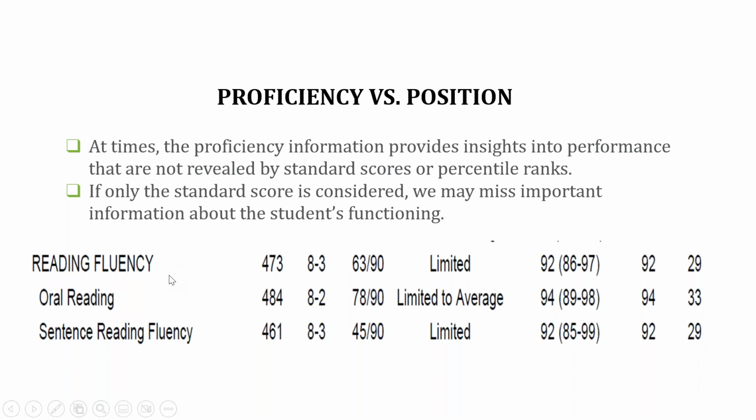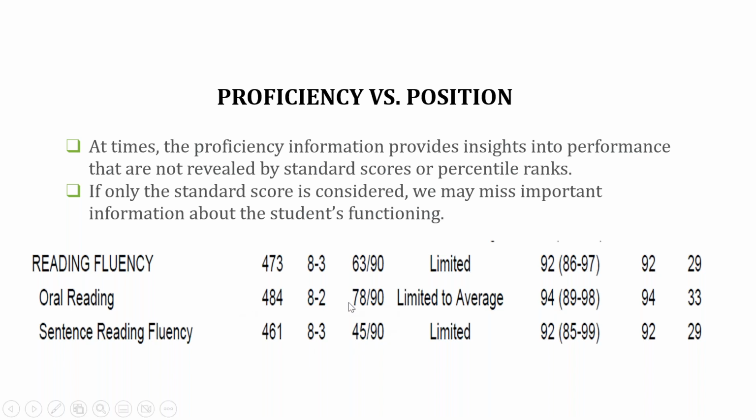So for example, for the reading fluency, that cluster score, this child's RPI is actually a 63 over 90. That falls within the limited range, right? So when you think back to that chart that Dr. Holman showed us, we're looking at a 63 over 90, the implications for that student's performance in the classroom on similar tasks is going to be very difficult for them to perform that task.